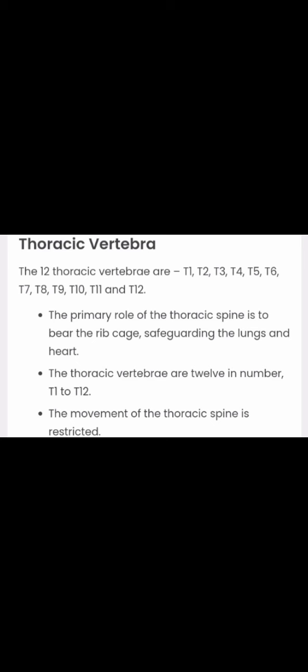They are thicker and larger than the cervical vertebrae, but thoracic vertebrae are smaller in size than the lumbar vertebrae. We're comparing thoracic with lumbar now, discussing both of them. This increase in size as you go down the body is to ensure they can support the weight of the body.